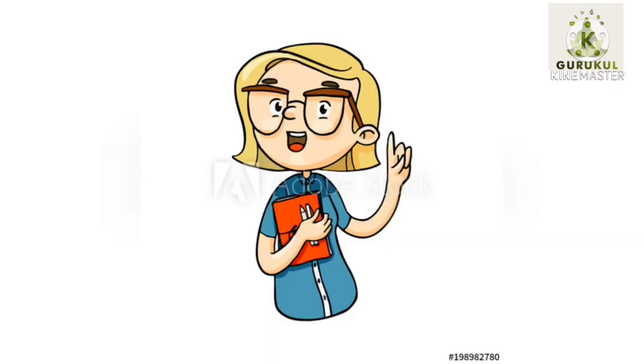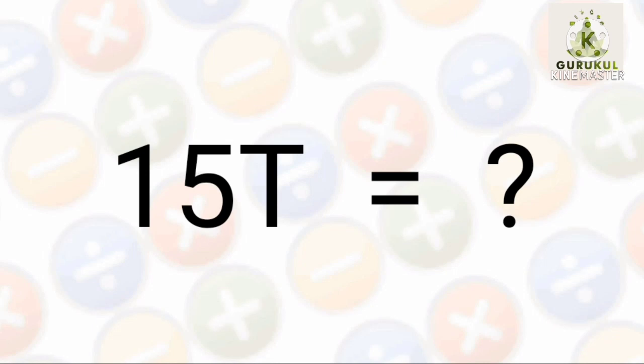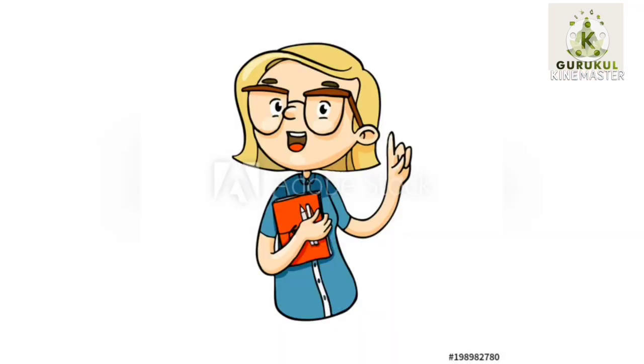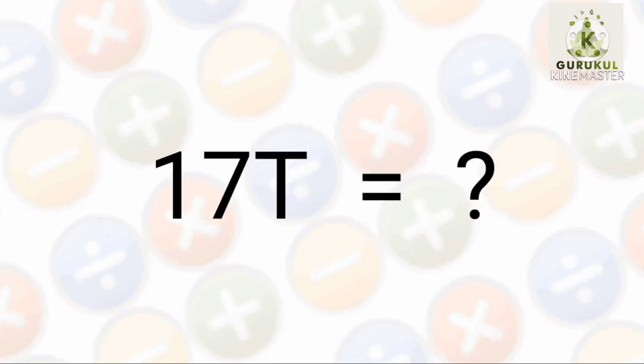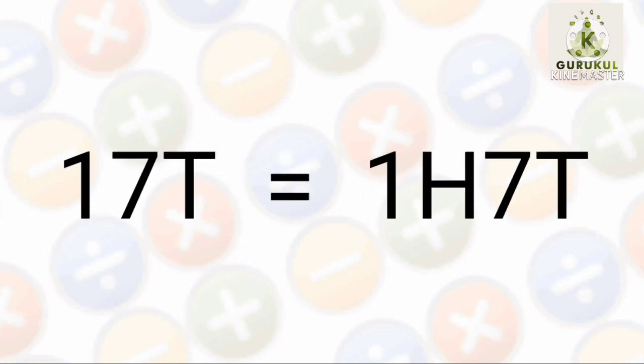So if I ask you, how will you write 15 tens or what 15 tens means? Then what will be your answer? Yes, very good. 15 tens means 150. So 17 tens means? Very good. 17 tens means 170.